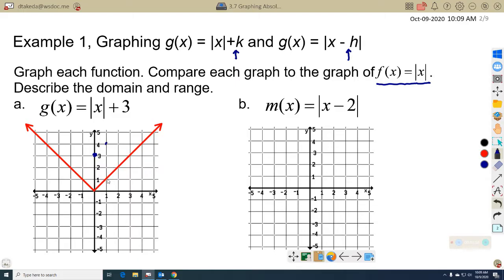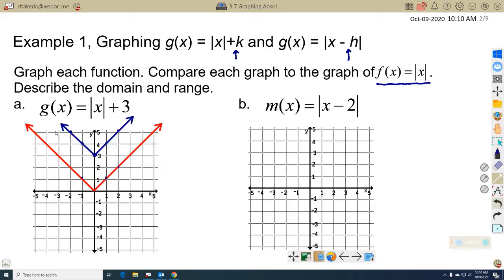And this point here becomes this one. This point becomes this one. This one becomes this one. And this one becomes this one. And this graph will look like this. Okay?